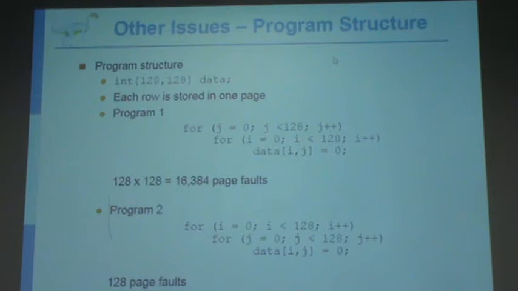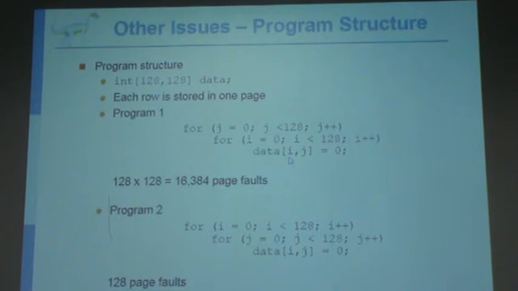The output is the same. However, in terms of page faults, this may cause, not always, up to 128 times 128 page faults. Why? Even though you have a two-dimensional array in the programming, that doesn't mean you have a two-dimensional array in your memory space.